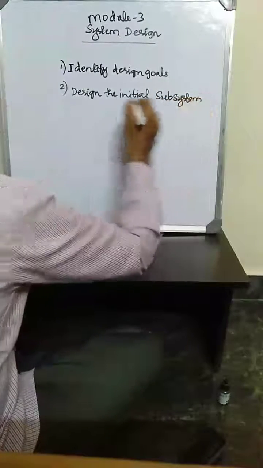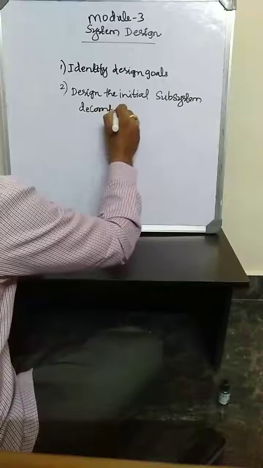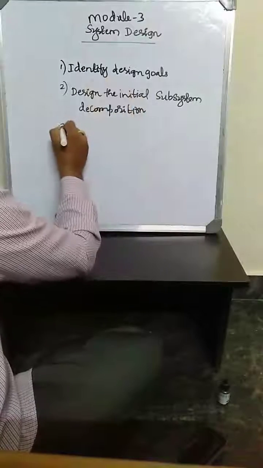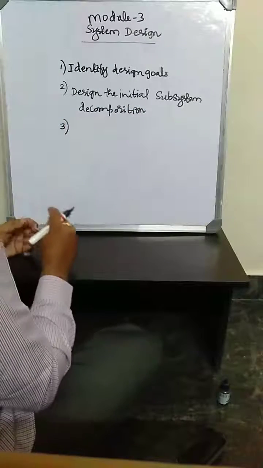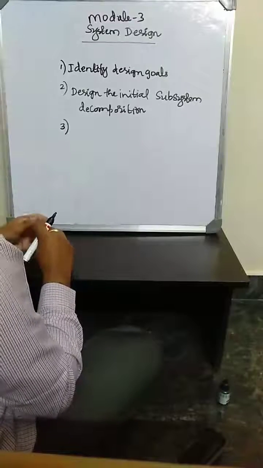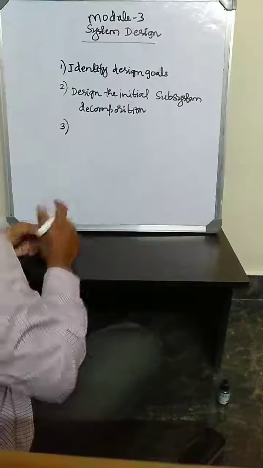Very important word here, decomposition. You have understood this in your software architecture, right? As and when we are understanding the different modules, as and when modules come, we have a word which is called decomposition. Third one will be refinement.